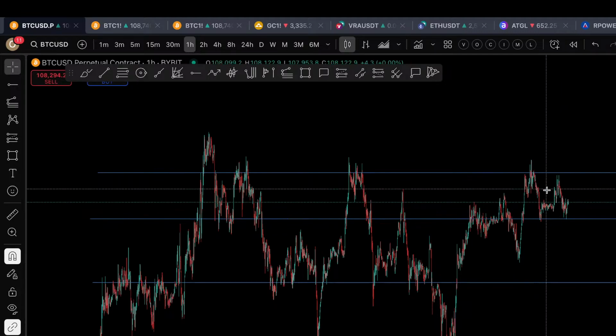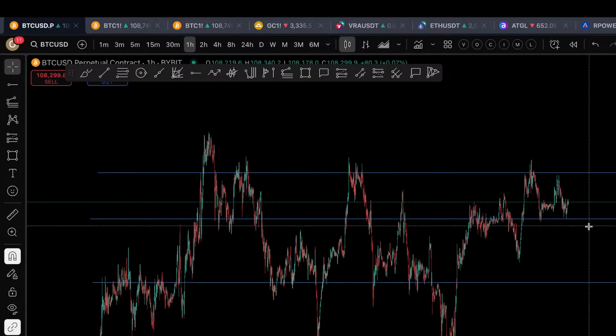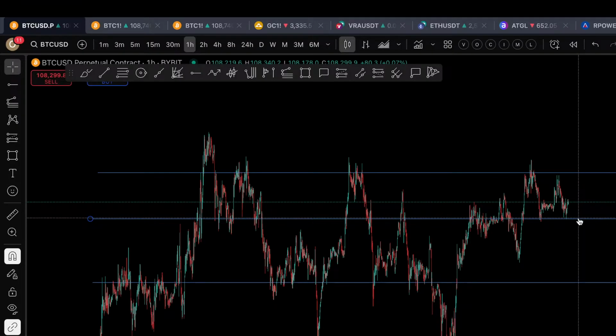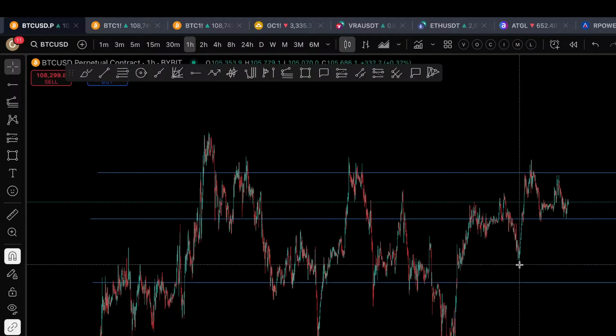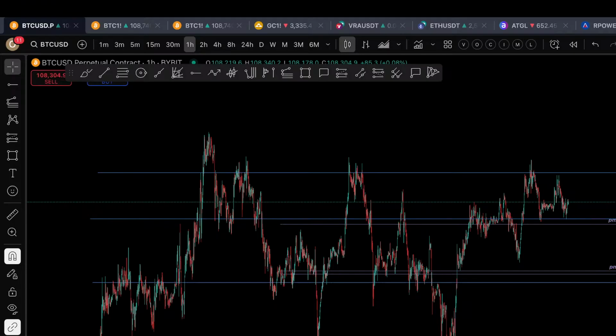So the likelihood of this value area low right now, testing the point of control as support, flipping it to resistance would not be that big of a deal, and then going back down to value area low, which is also a good zone to take the liquidity here, and it's also the previous month open and EQ areas, which should offer a good bounce, which I have also marked as here.